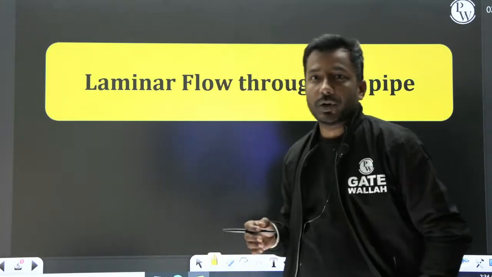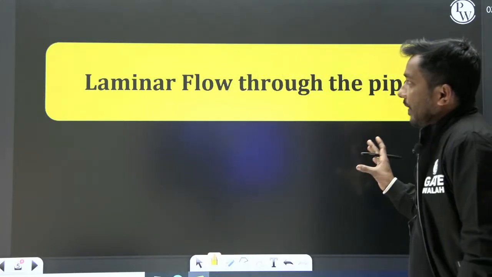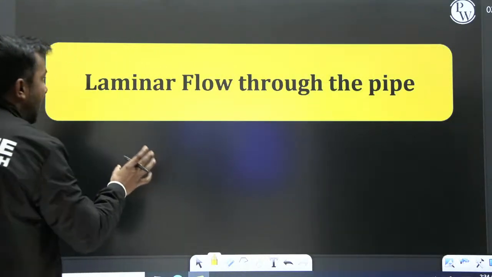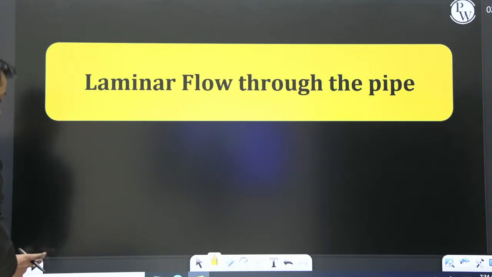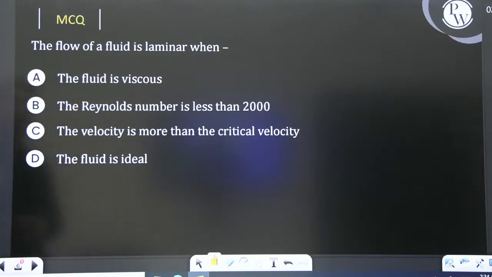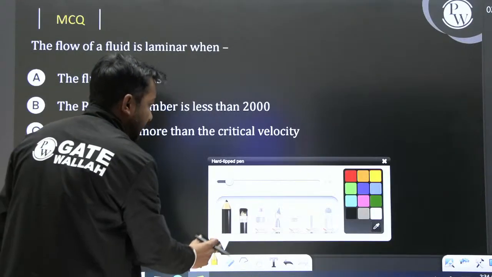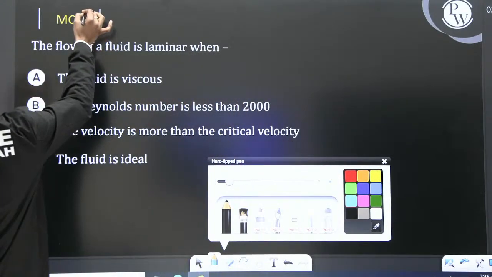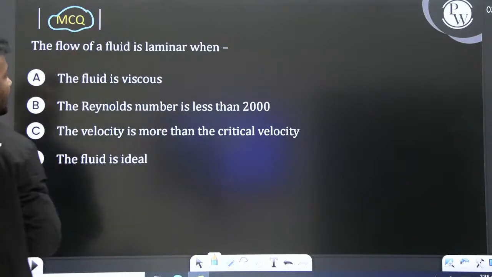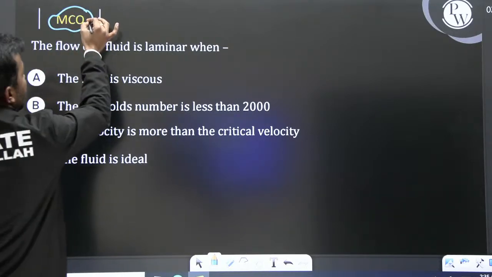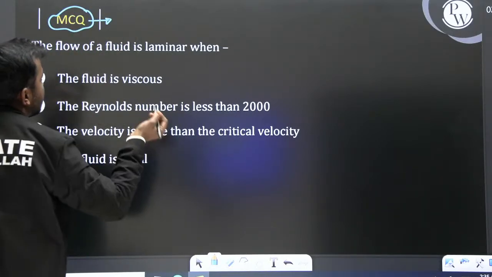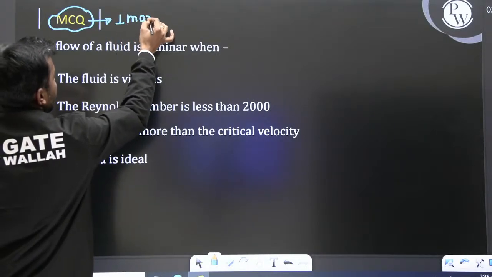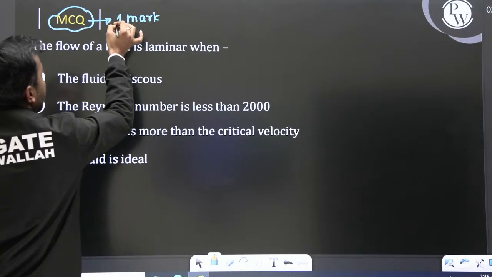Okay, so let me move on to our first question, and the first question is from laminar flow through a pipe. Get ready for the first question. It is an MCQ type of question, and this question is for 1 mark.